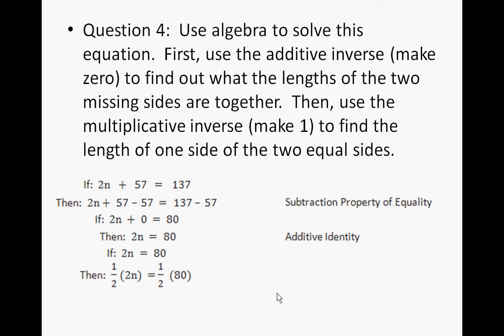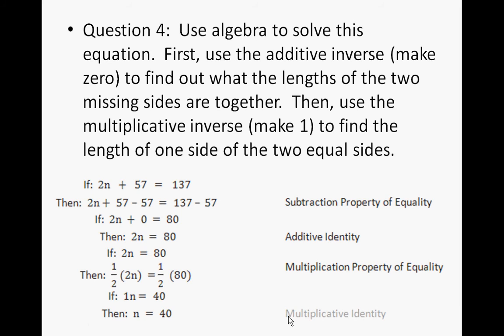Can you guess what property that's going to be? If you said multiplication property of equality, you are correct. Then last, if 1n is equal to 40, then that means n is equal to 40, and that is our identity property of multiplication, or multiplicative identity.